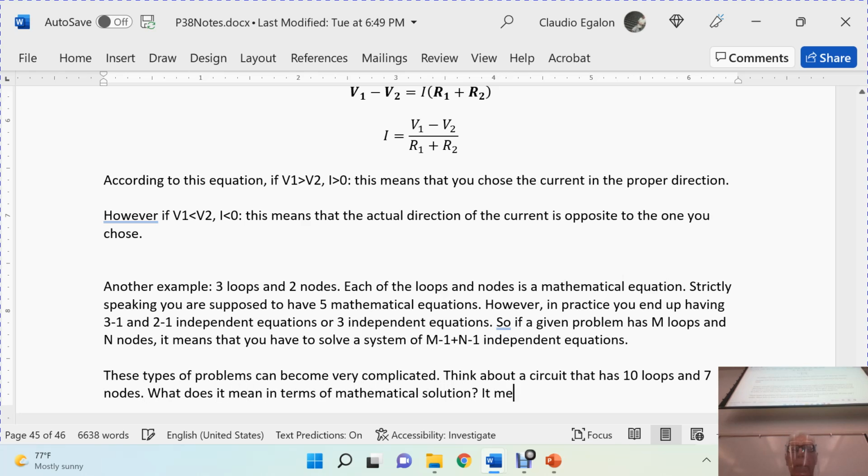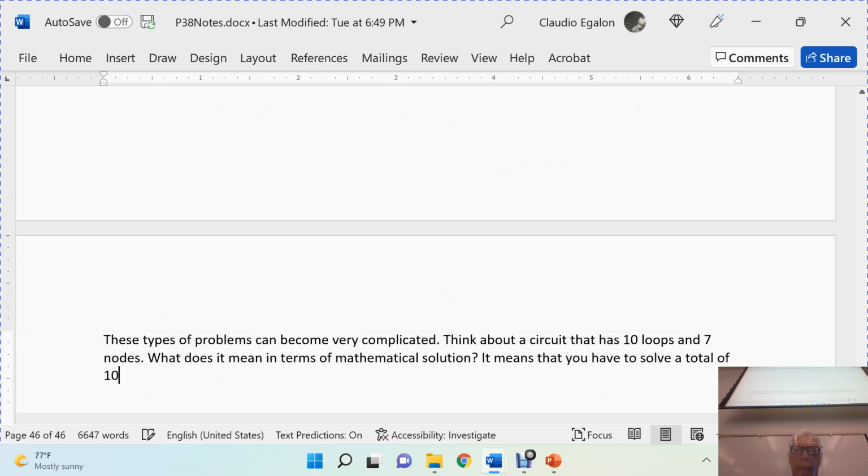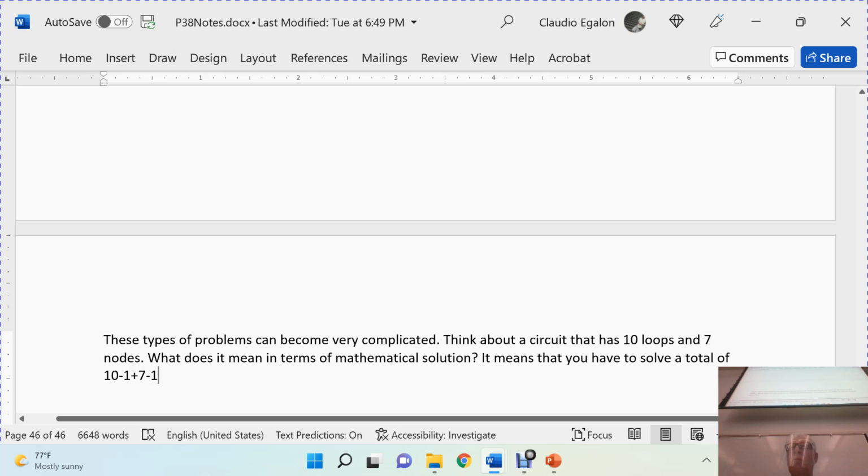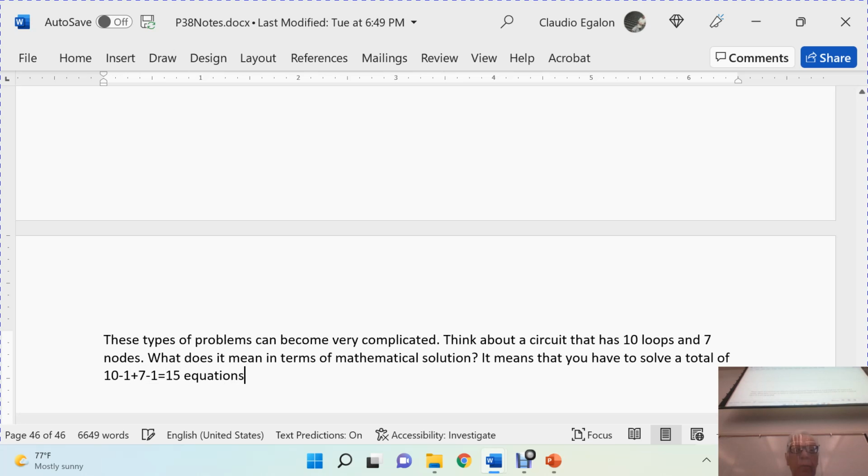Well, it means that we have to solve a total of 10 minus 1 equations related to the loops, plus 7 minus 1 equations related to the nodes. Something like that is equal to what? 15 equations. Try to solve 15 equations by hand.